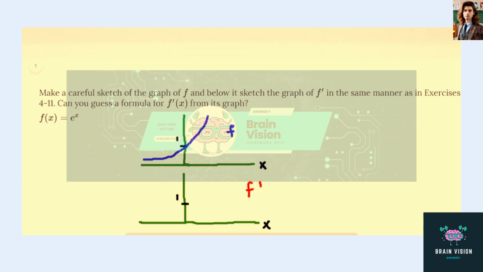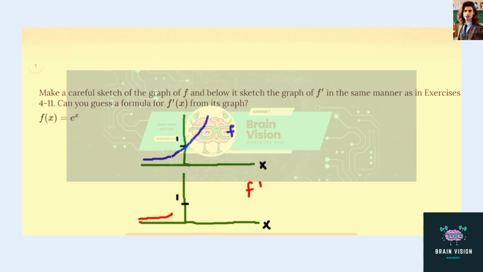One of the easier ones to look at is as x approaches negative infinity, we see that this function levels out such that the slopes of the tangent lines decrease in steepness and in value until it becomes almost flat as x approaches negative infinity. So we're going to get this decrease of the slope towards 0, because the slopes of the tangent lines approach 0 as we approach negative infinity.